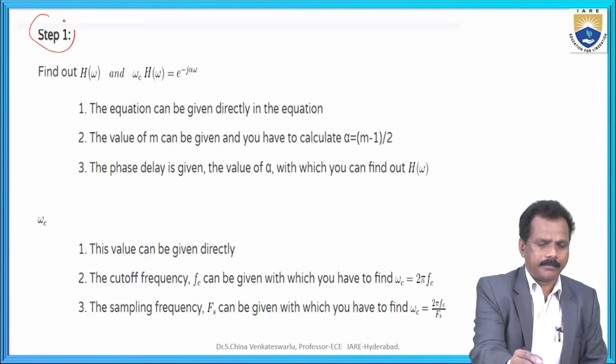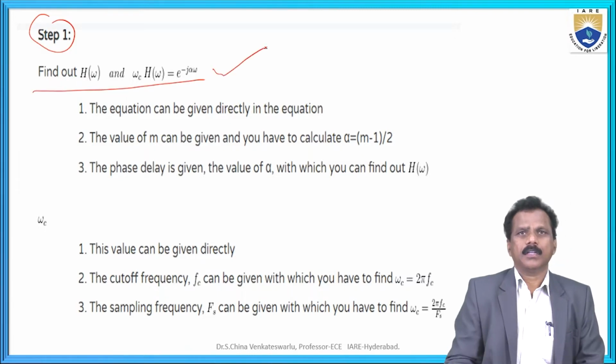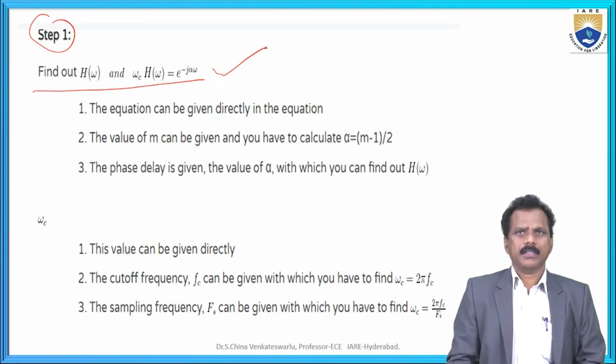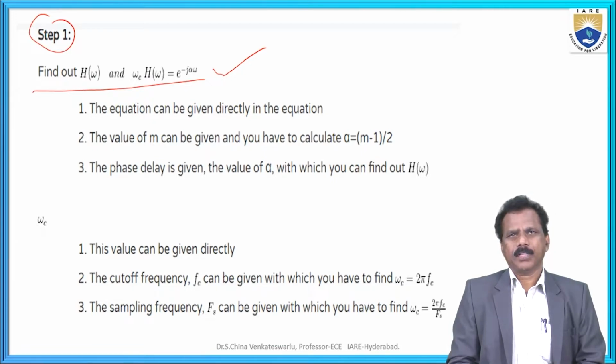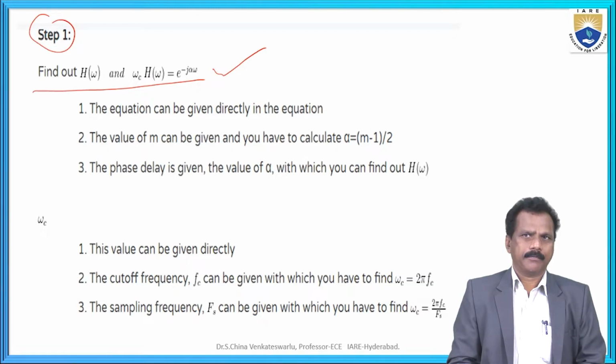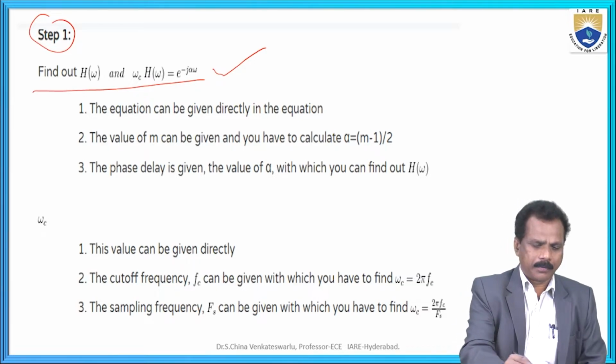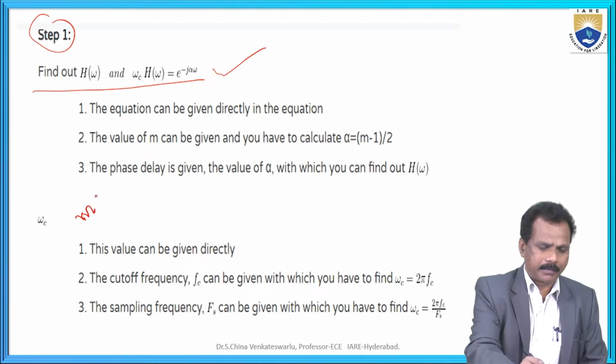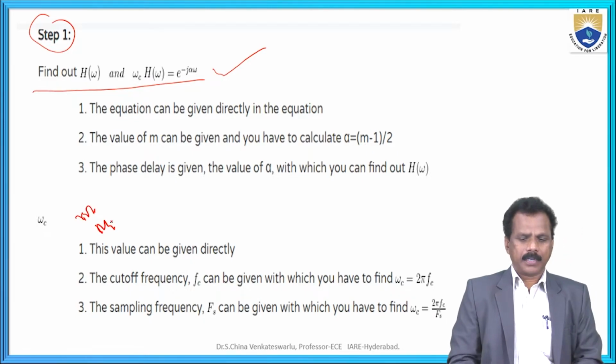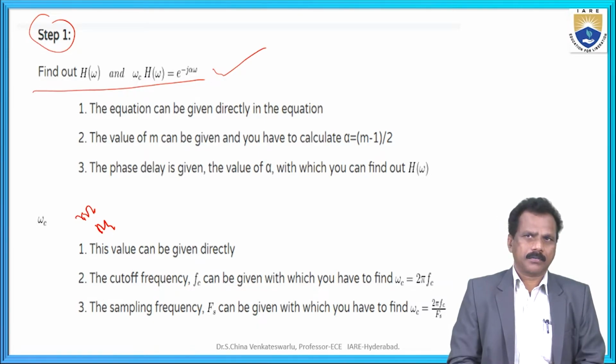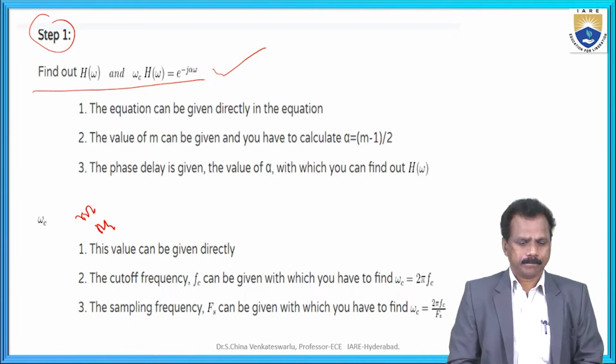The value of M can be given, and we have to calculate alpha, which is equal to (M minus 1) by 2. This is the phase delay, and with the value of alpha you can find H(omega).